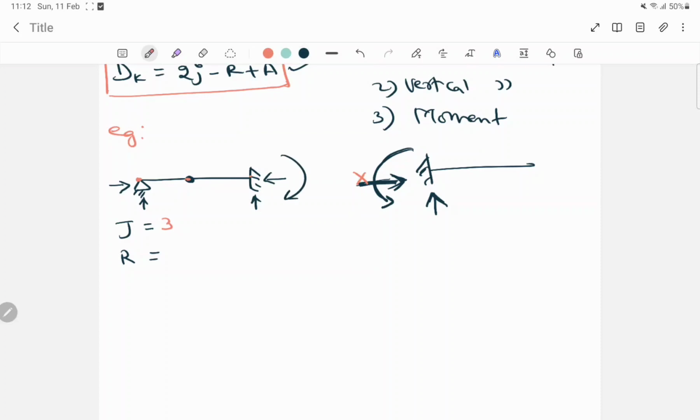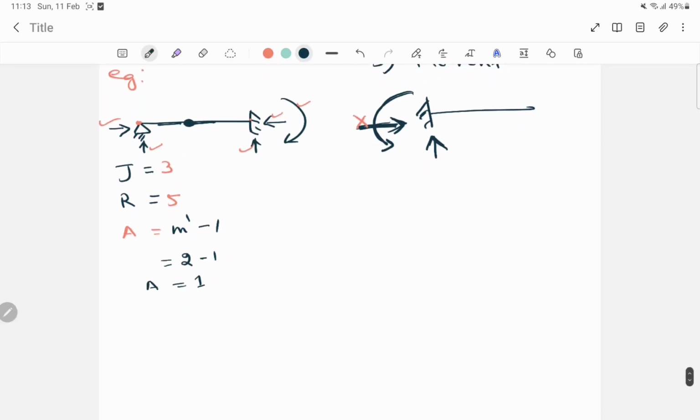So the total number of reactions is 1, 2, 3, 4 and 5. So we have 5 unknown reactions. And to find a we have a formula, that is m dash minus 1. Here m dash is the number of members connected with this hinge. In this hinge, how many members are connected? 1 and 2. So m dash is 2, minus 1 is equal to 1. Therefore the value of a is equal to 1.